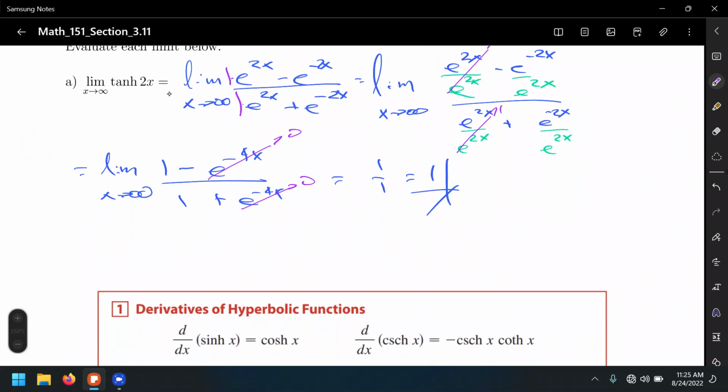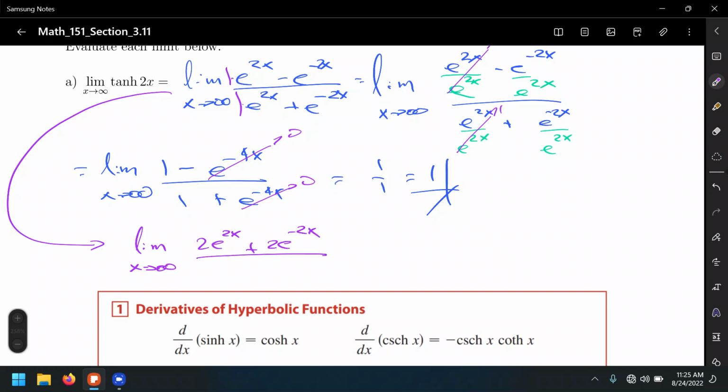So if we do the L'Hopital's rule, limit as x approaches infinity, that'll be 2e to the 2x plus 2e to the negative 2x, the whole thing over, what is this? 2e to the 2x minus e to the negative 2x. All right?